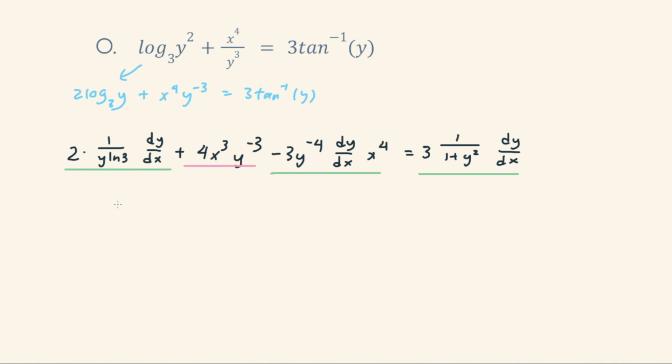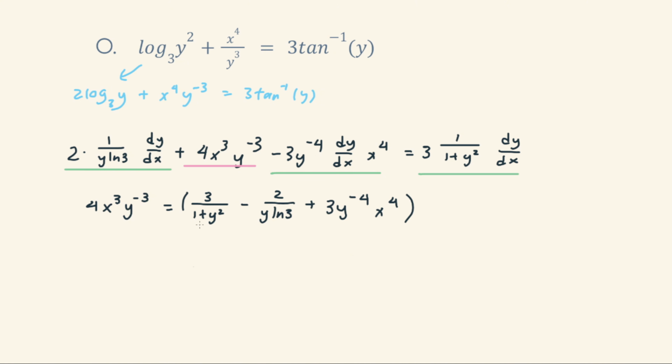So here we've got 4x cubed y to the minus 3. And that's going to be equal to 3 over 1 plus y squared. And then I'll push these guys over and factor out the dy over dx, so I'm not going to write this dy over dx yet. Here we have minus 2 over y ln 3 plus 3y to the minus 4 x to the 4.